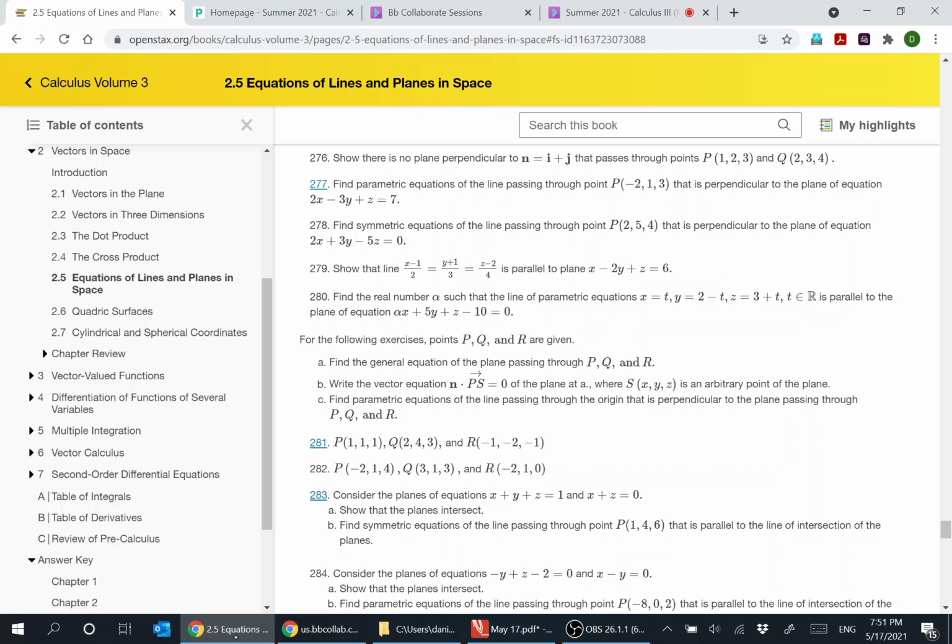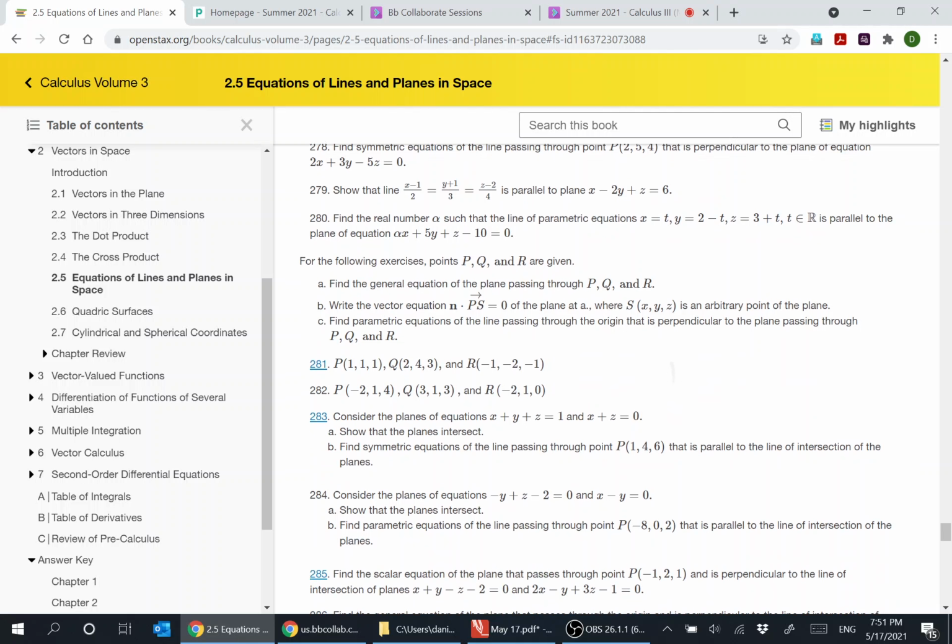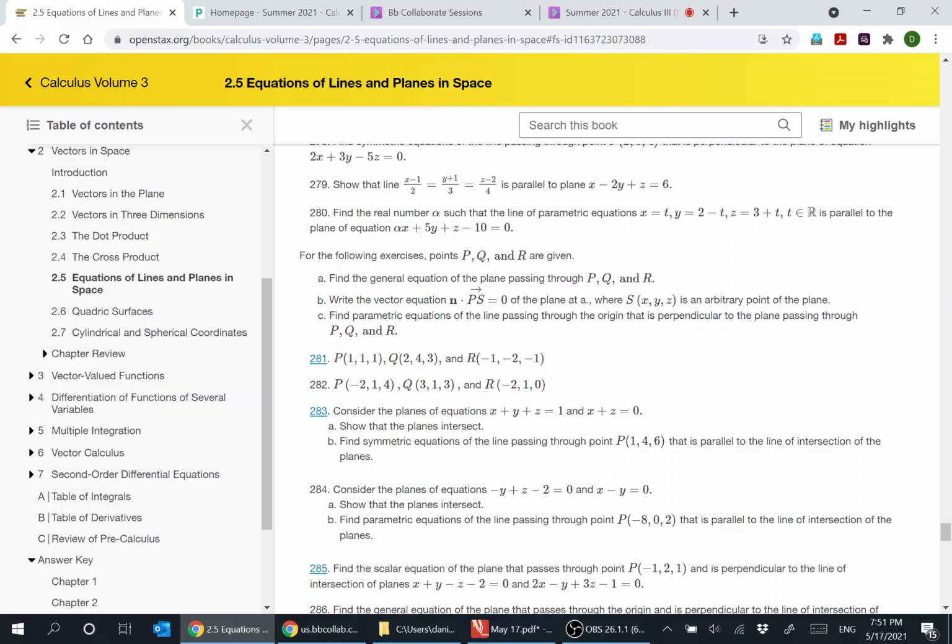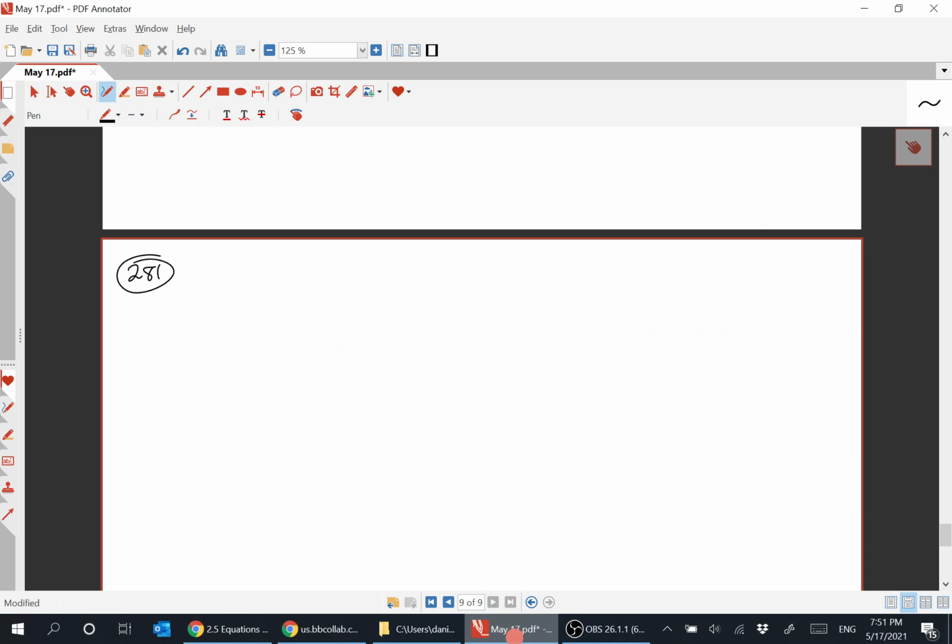And then just find the equation of just part A. Forget about B and C. Just find the equation of the plane. So I got 1, 1, 1, 2, 4, 3, minus 1, minus 2, minus 1. Okay, so nice little picture of our plane.